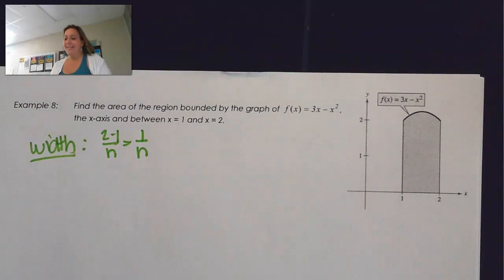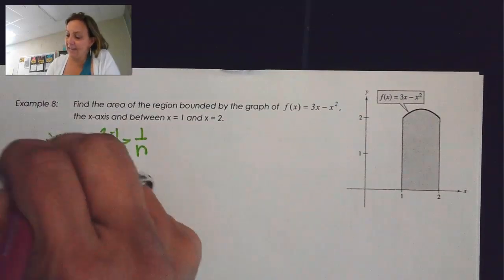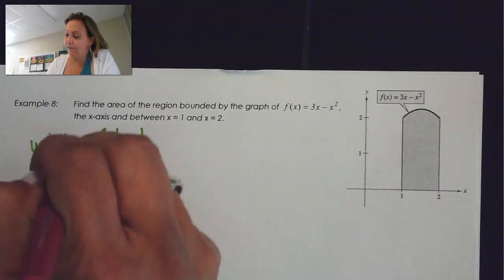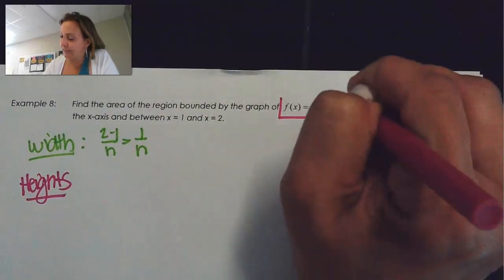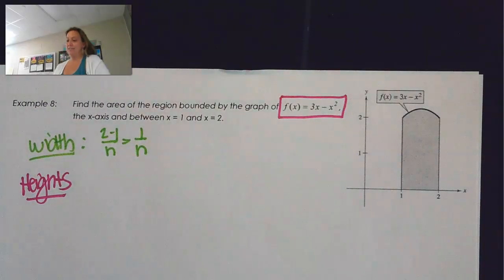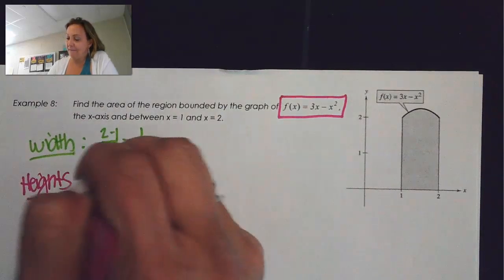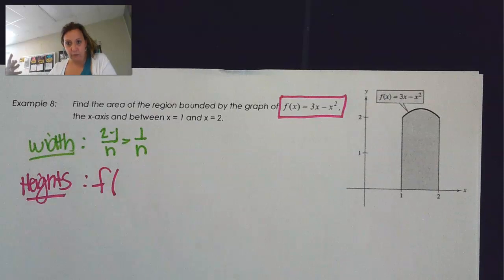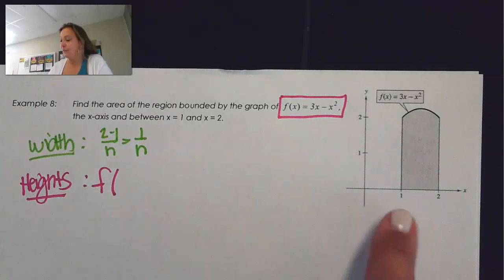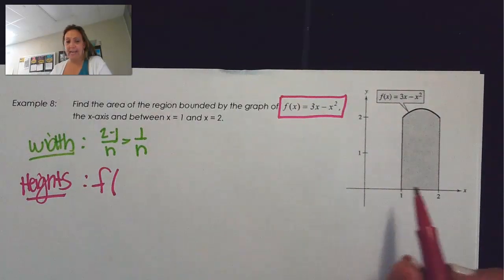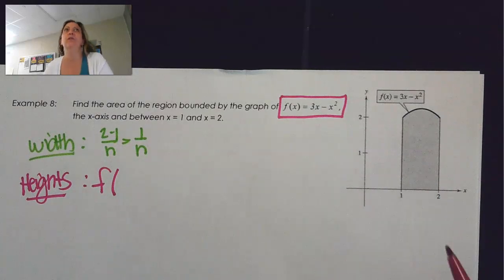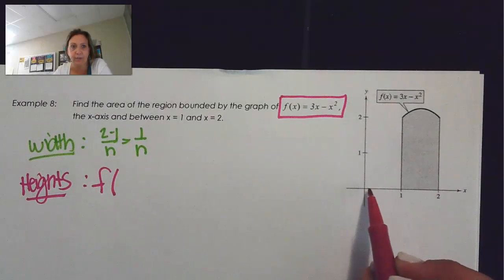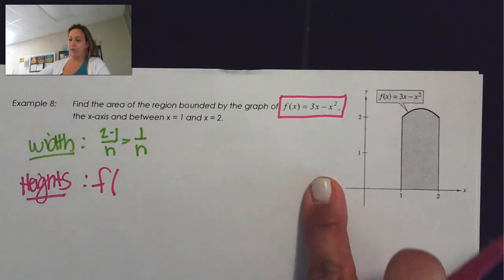Now, I need to think about what my heights are going to be. Remember, for the heights, I'm going to use this as the rule. Essentially, I'm going to take f of the start value plus the widths, okay? And the reason we need the start value is because if we just put the width, that means we'd be starting at 0. But we don't want to start there. We want to start over here.